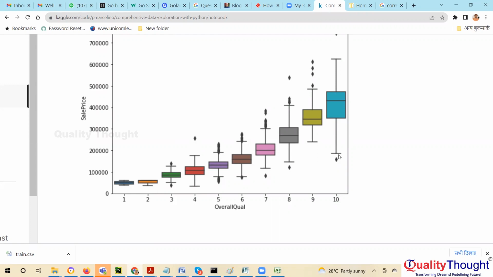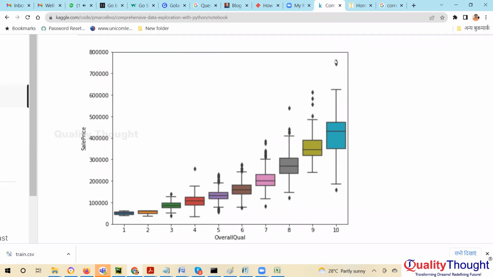This handle is your minimum value, then the quartile 1 or 25 percentile, then this is your median. The middle line is your median. Then you have Q3, and then this is your maximum value. Then you can have outliers. So box plot is the only graph which will identify outliers.